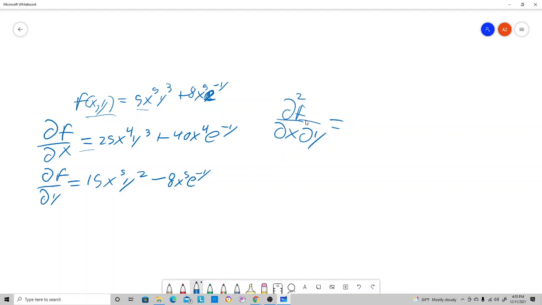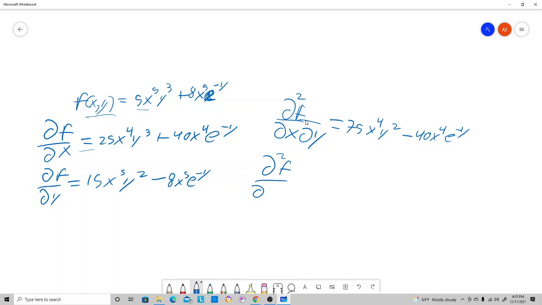We can treat the x as a constant, and we're going to have 75 x to the fourth y squared, and then negative 40 x to the fourth e to the negative y.